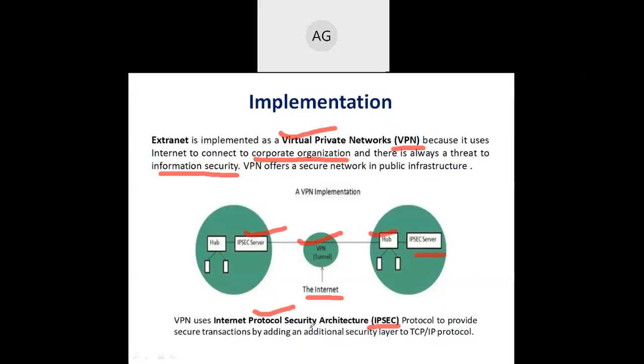Basically, VPN uses this IPsec protocol to provide secure transactions by adding an additional security layer to the TCP/IP protocol. So this IPsec server is needed in order to enhance the security feature in the extranet.